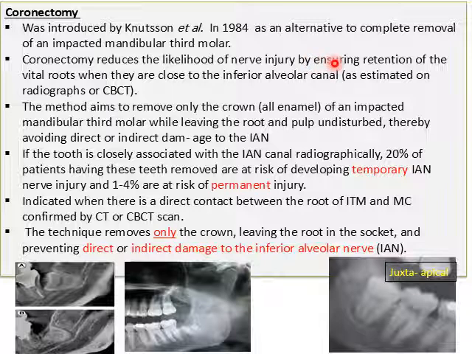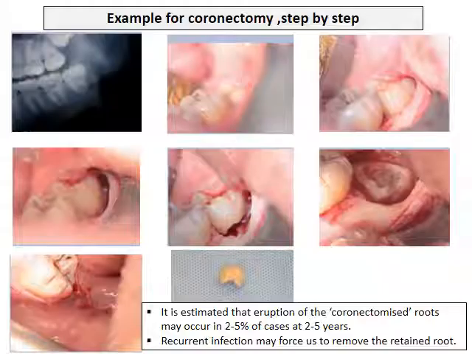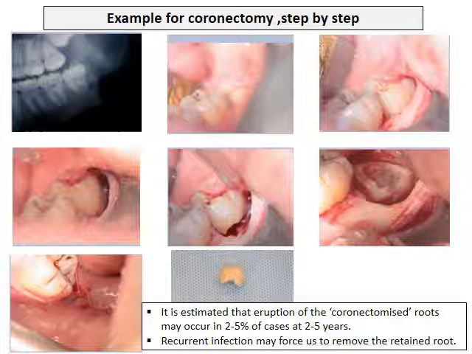This technique removes only the crown, leaving the root in the socket, and avoiding direct or indirect damage to the inferior dental nerve. In this picture, which is very clear, they took a radiograph and saw the relationship between the nerve and the tooth. Here they raised a flap, removed some bone, and did not remove the whole tooth, only the crown from here. You have to leave the root and the pulp and do suturing.